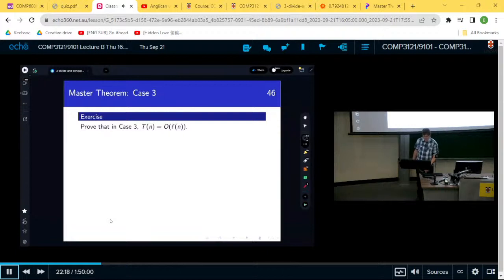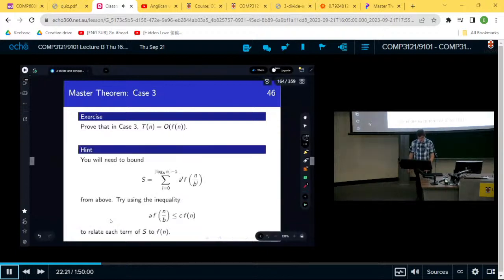Actually, you're going to prove it because it's an exercise. To do this, you will need to take the sum and upper bound it by some constant times f of n. And here you need to use the additional condition in the master theorem in case 3, and basically bound it at all the levels of this recursion tree.